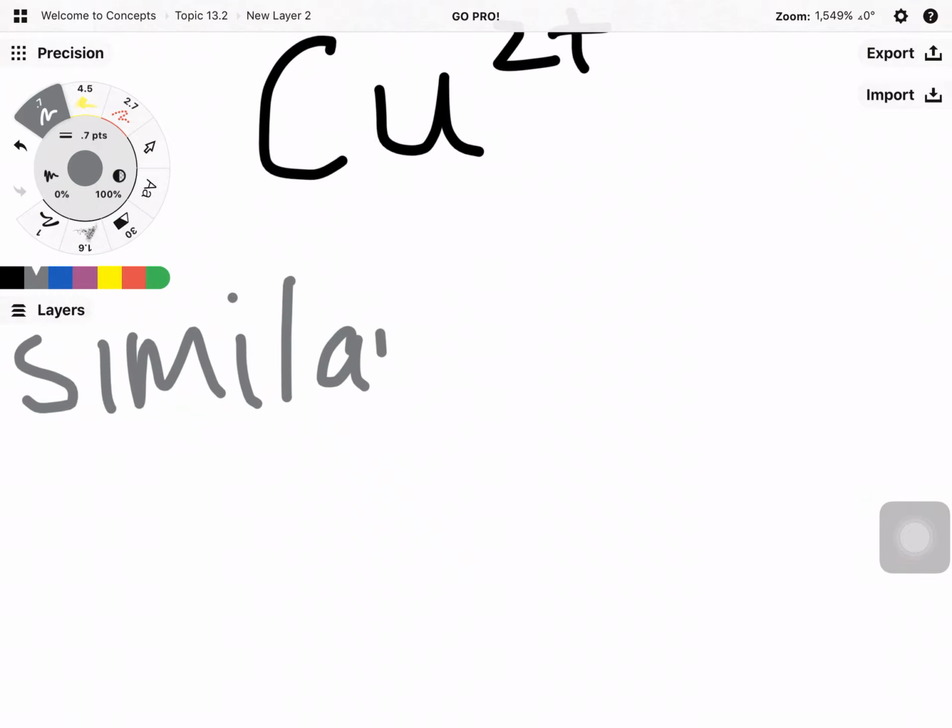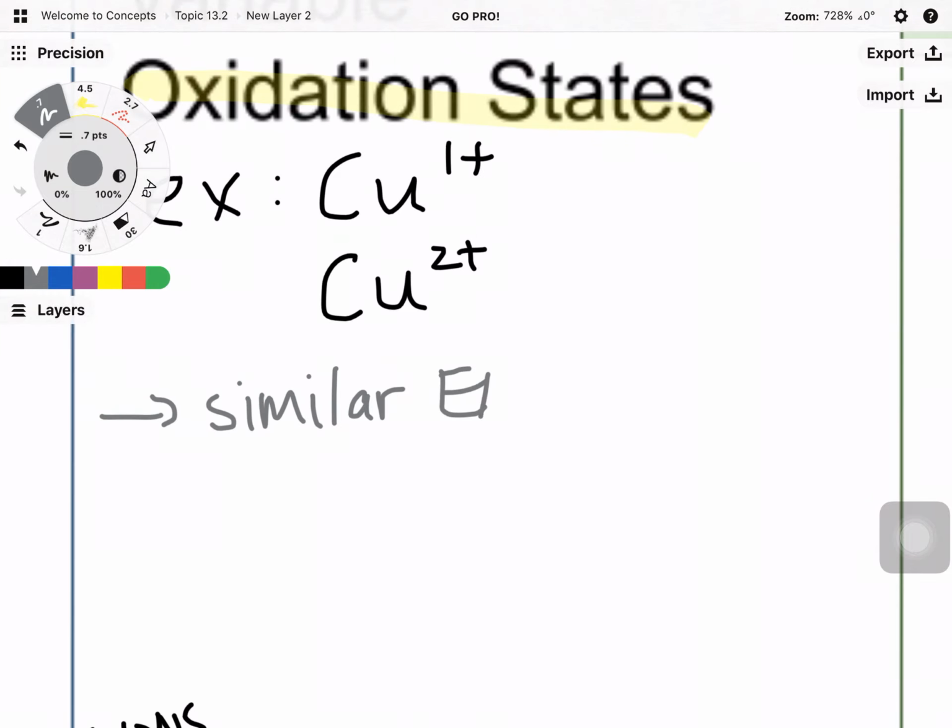What that means is that there is a similar ease in losing different amounts of electrons.